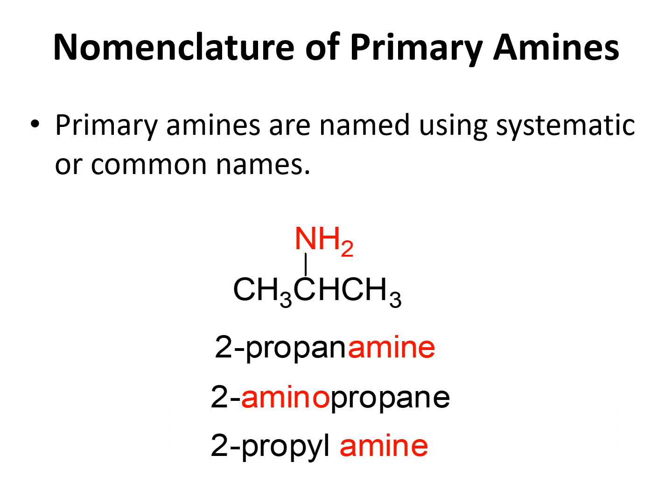For the nomenclature of primary amine, we have 2-propanamine, 2-aminopropane or 2-propylamine. Usually all these three names are used, but the most common one is 2-propanamine. I encourage you to name it according to IUPAC, which is 2-propanamine.